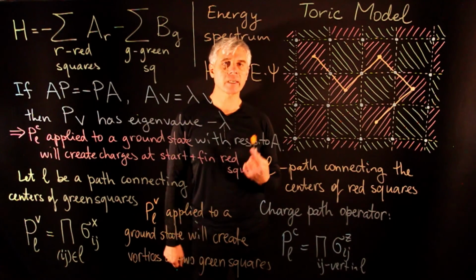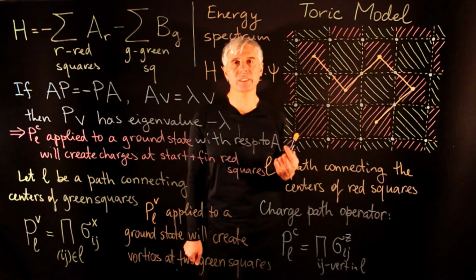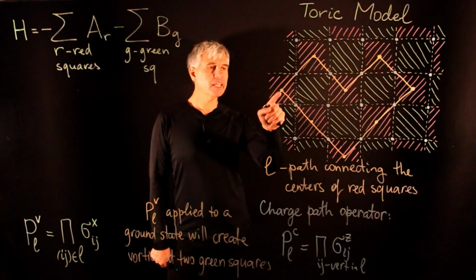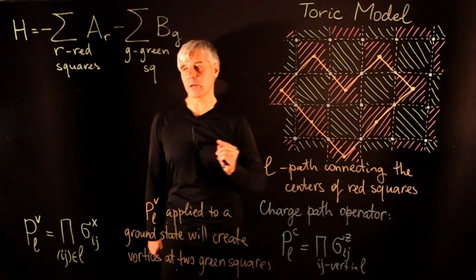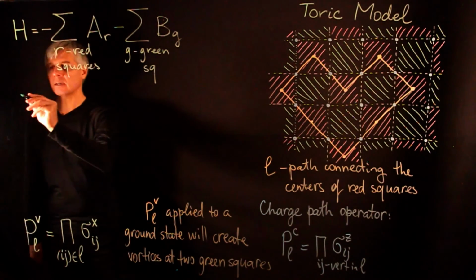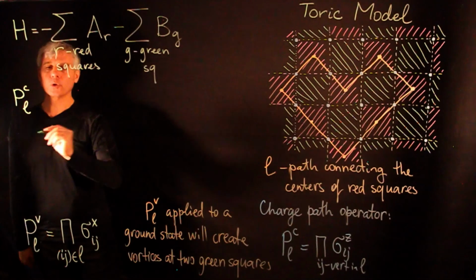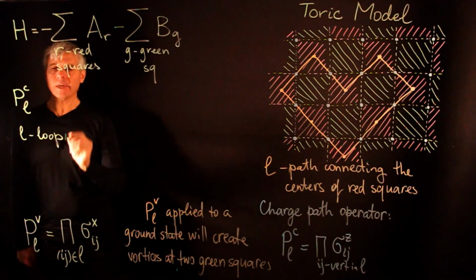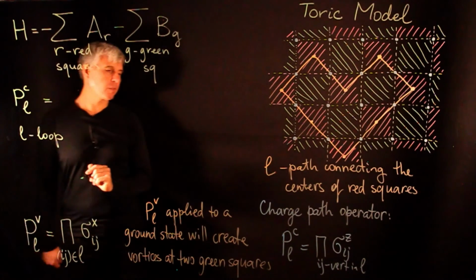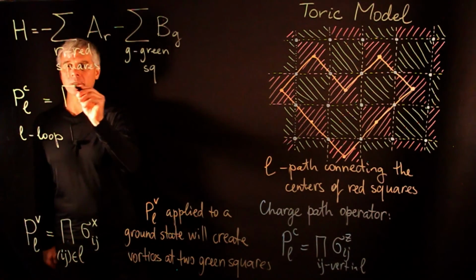Finally, let us exhibit a non-trivial topological behavior of these quasiparticles. Let us consider a loop that connects the centers of red squares, and we consider a charge path operator for a loop. So L is a loop. Then it turns out that we can factor this operator in the following product.